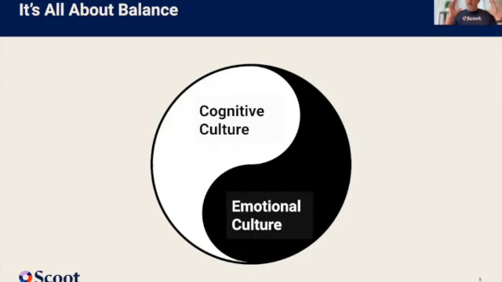Now, people who know me know that I'm into a lot of different kinds of philosophies. And I bring up this yin and yang because it helps us to illustrate how you balance two sides of your business. The first side of your business is the performance or cognitive aspect.